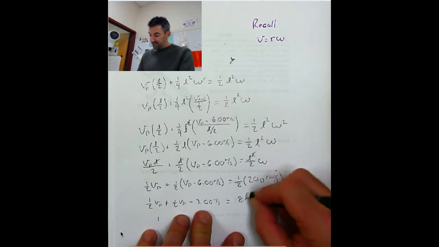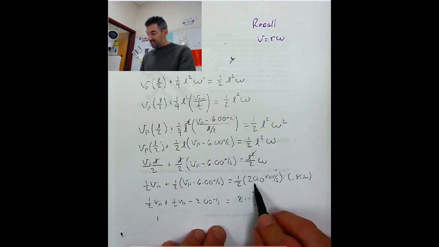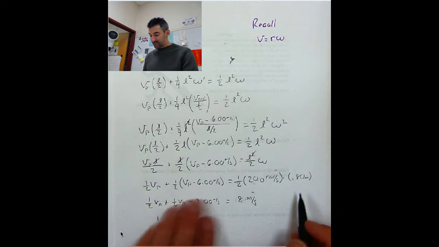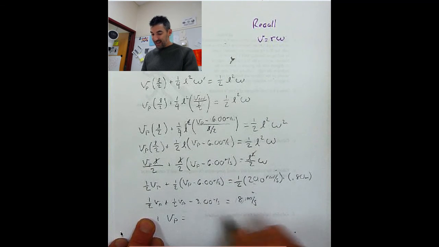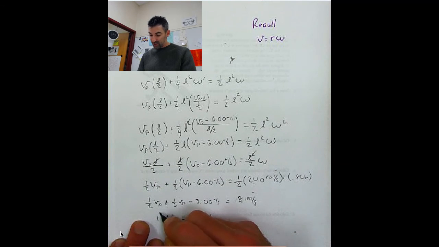Oh, that's good. Right? Rads per second times meters, 1/2 is 10. 10 times 0.8 is 8 meters per second. 1/2 plus 1/2, the velocity of the particle at the end of the rod is 8, 9, 10, 11.0 meters per second. Woo!